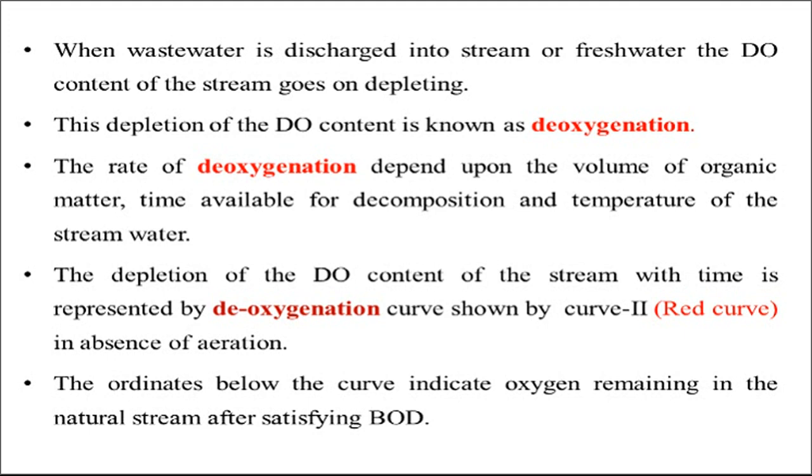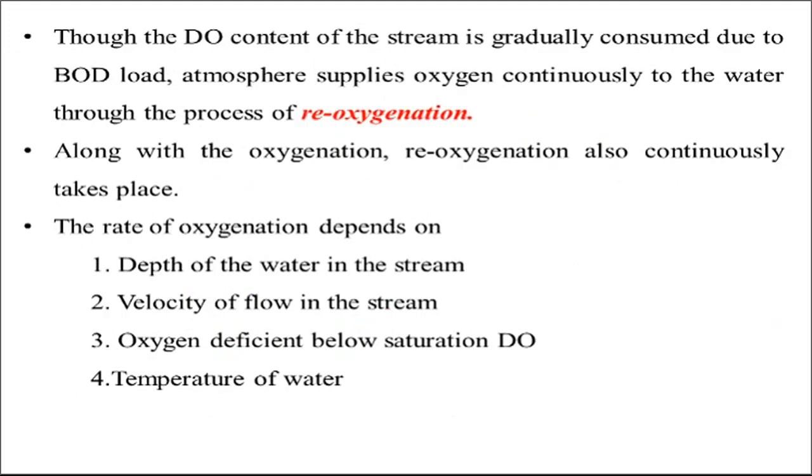The ordinate below the curve indicates oxygen remaining in the natural stream after satisfying the BOD present in the wastewater disposed. Though the DO content of the stream is gradually consumed due to the BOD load, the atmosphere supplies oxygen continuously to the water through a process called reoxygenation.